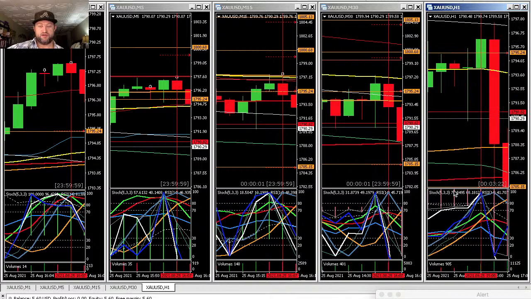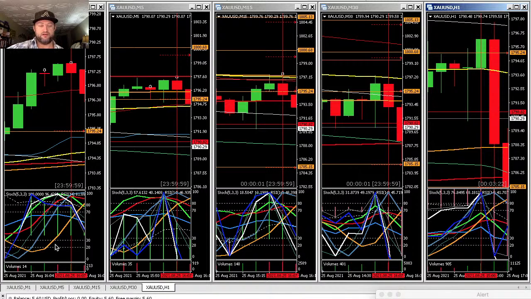Okay. So now, obviously these are oscillators, right? They go up and down, up and down, up and down. This one goes up and down at a different rate than this one, and this one goes up and down at a different rate than this one, right? 1 minute, 5 minute, 15 minute, 30 minute.